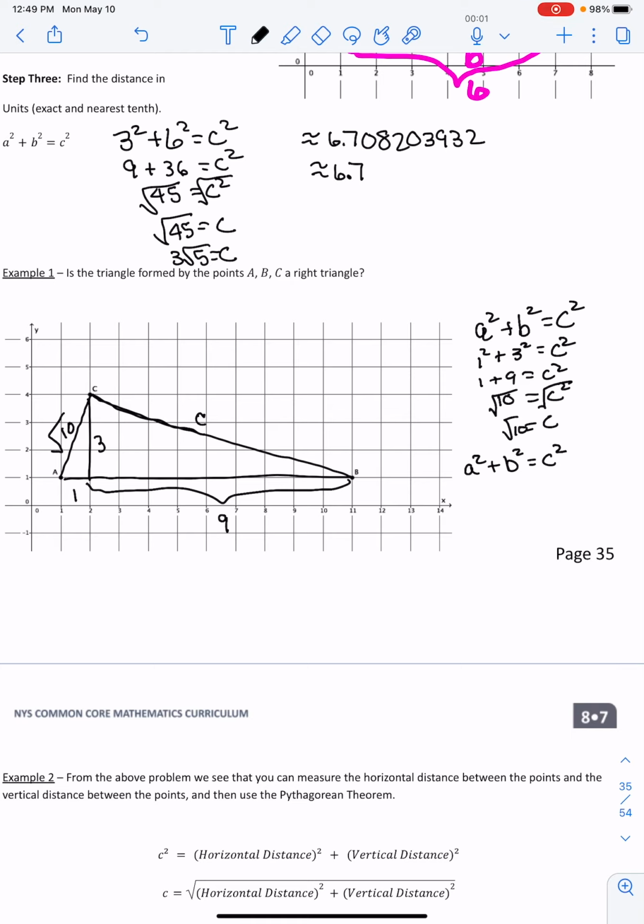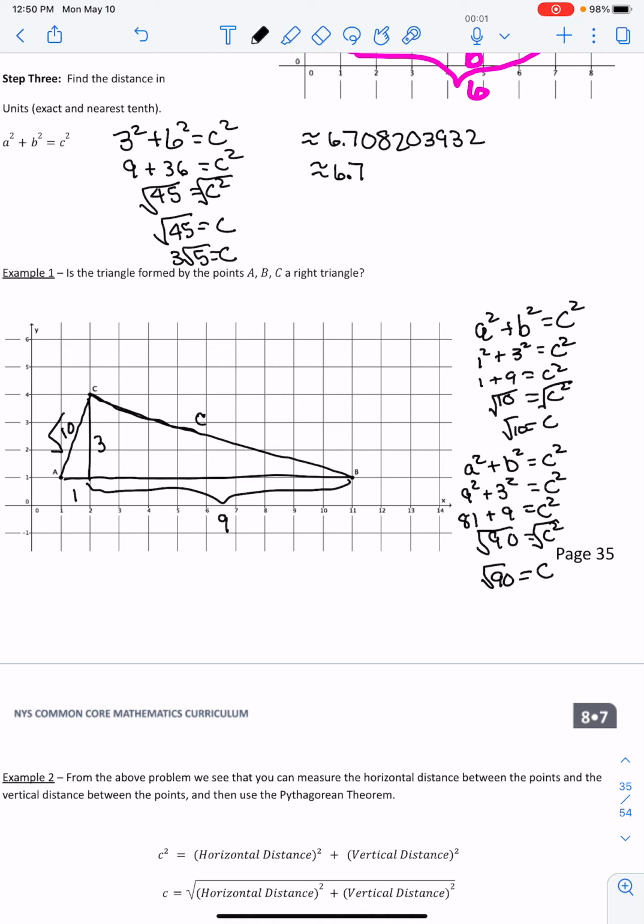So now we have 9 squared plus 3 squared equals c squared. So now we have 81 plus 9 equals c squared. So here we have 90 equals c squared, taking the square root of both of those. I have c equals square root of 90.